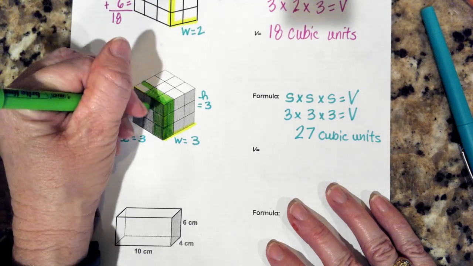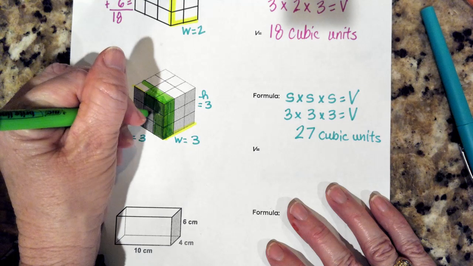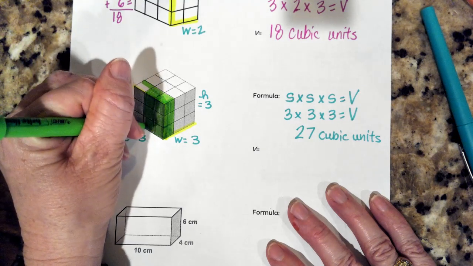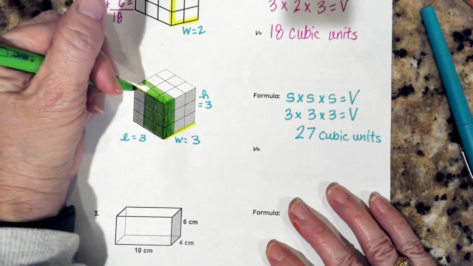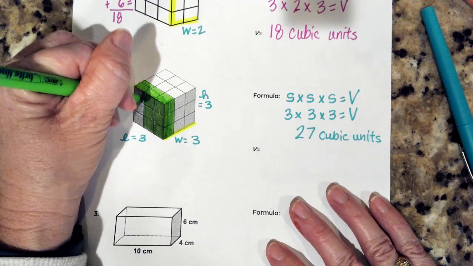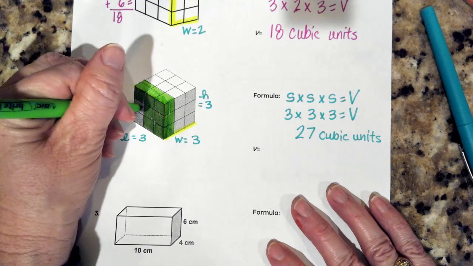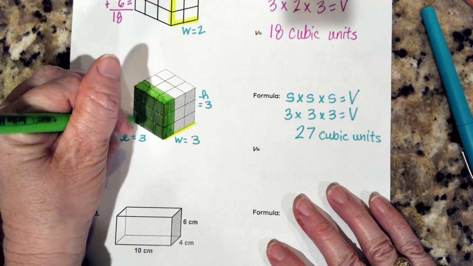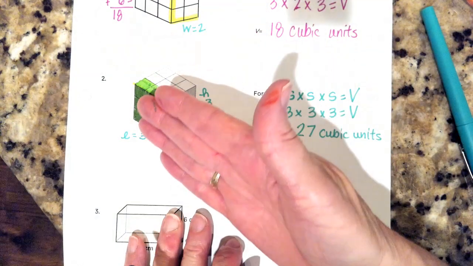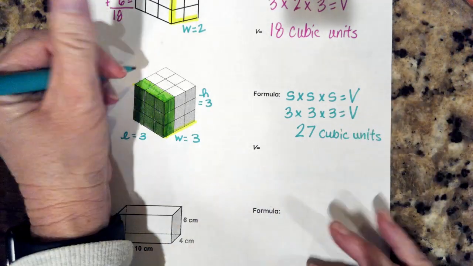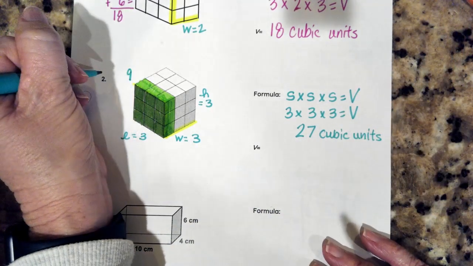So this would be 4 cubes, 5 cubes, 6 cubes, and then I have the top of the 7th one and the front of the 7th one, then the 8th cube and the 9th cube. So this whole layer is going to be sliced off. So this layer is representing 9 cubes.